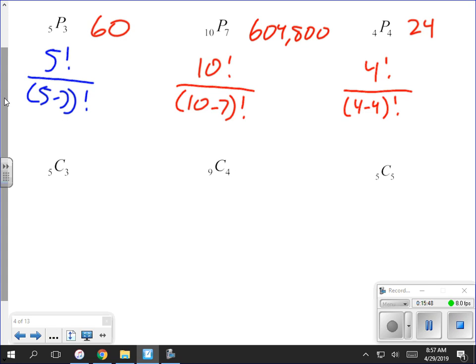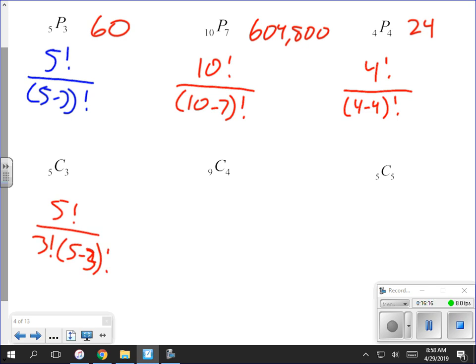Whether 3, 2, and 1, or 1, 2, 3, or 2, 3, 1, or 3, 1, 2, it doesn't matter, because I have the 3 in my hand. I have no idea which one came first. That's a combination. And so this one, 5 factorial over 3 factorial times 5 minus 3 factorial.